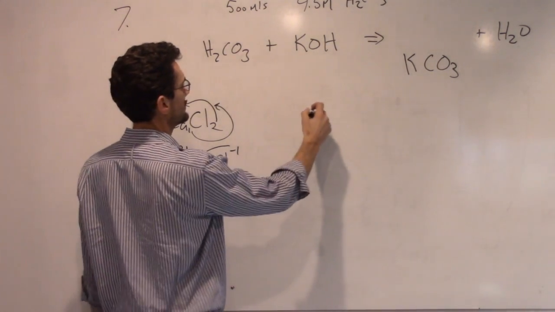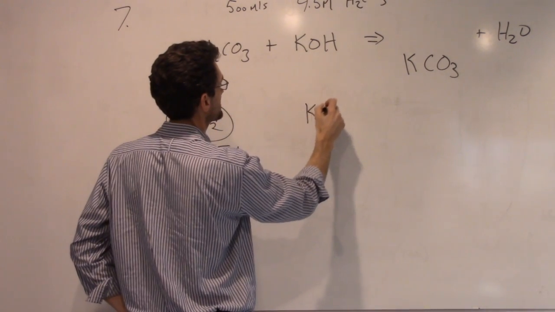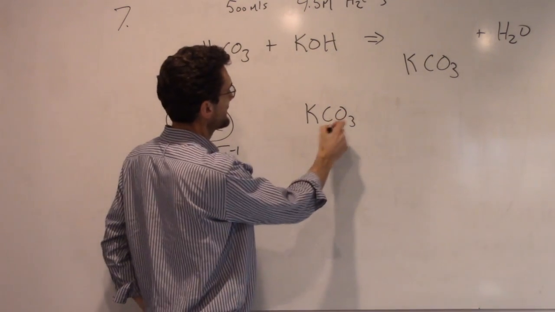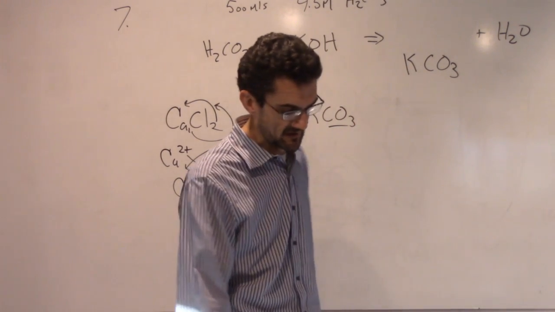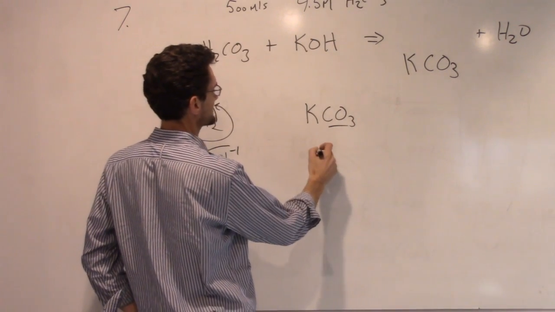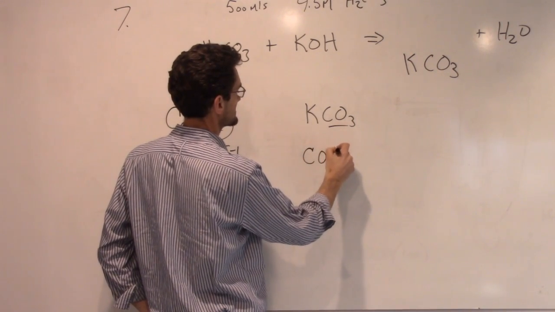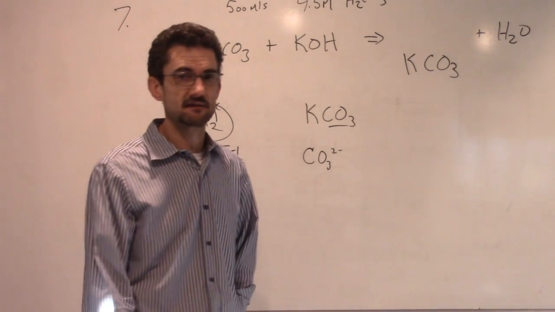Well, what we need to do is take a look at what this potassium carbonate ion looks like. If you look on page 288 of Apologia, it shows you the oxidation state of this polyatomic ion. The oxidation state of the carbonate ion is 2-, -2.